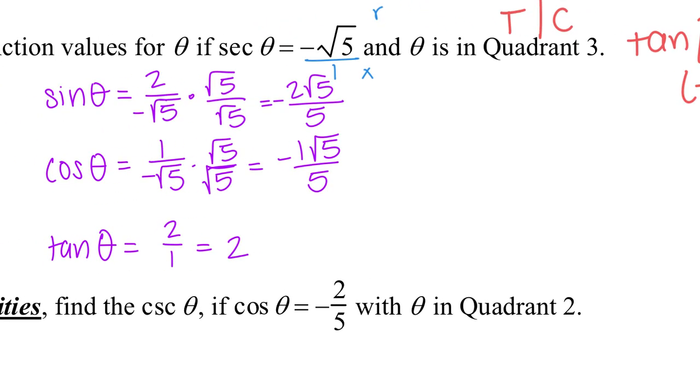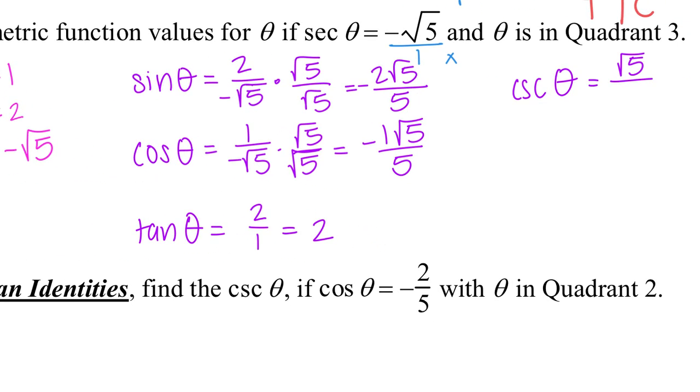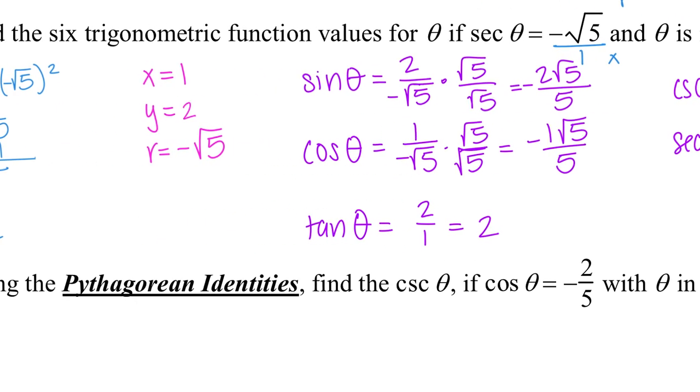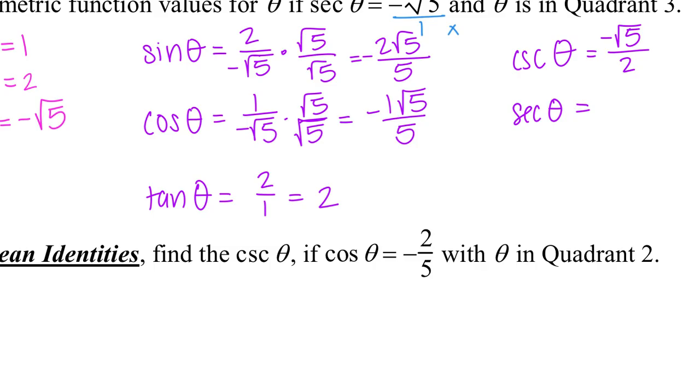Okay, now going ahead to cosecant theta. I'm going to have r over y, which in this case is the square root of 5 over, or negative 5 over 2. I'm going to have secant theta, which is r over x, negative square root 5 over 1.